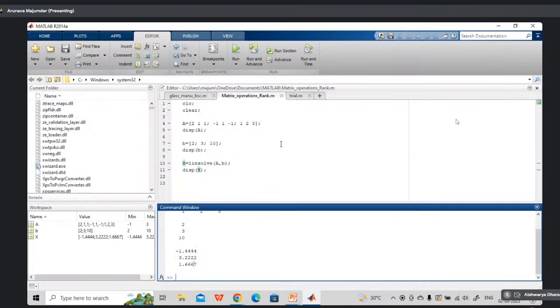Next day I will also show you how to represent a system of linear equations in MATLAB: you can type the system of equations, and MATLAB can automatically detect the coefficient matrix and the B matrix. You don't need to write down the coefficients.